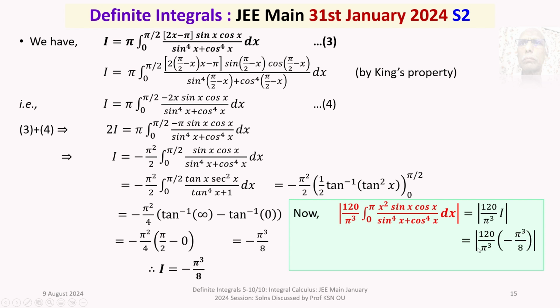Pi cube cancels. 120 by 8 is 15, minus 15, mod of minus 15 is plus 15. The answer to this question is 15.